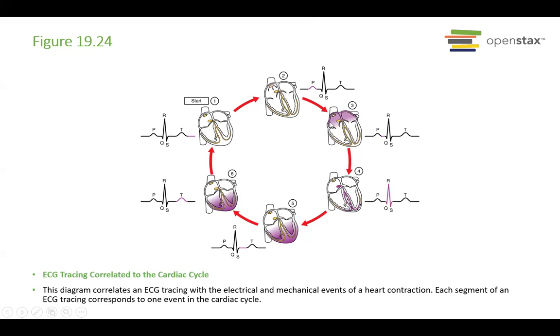So here you have depolarization of the atria and repolarization of the ventricles. Depolarization, contraction of the atria; repolarization, relaxation of the ventricles. Here, depolarization of the ventricles and contraction of the ventricles and repolarization of the atria.